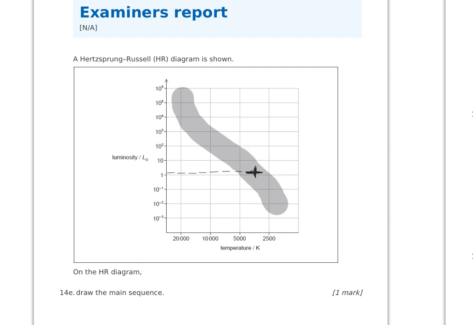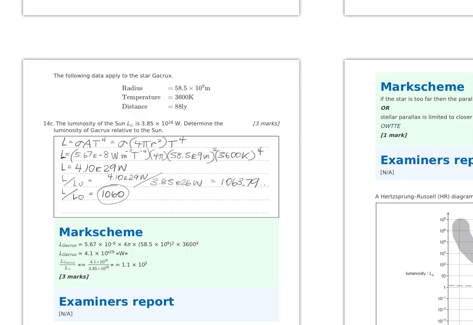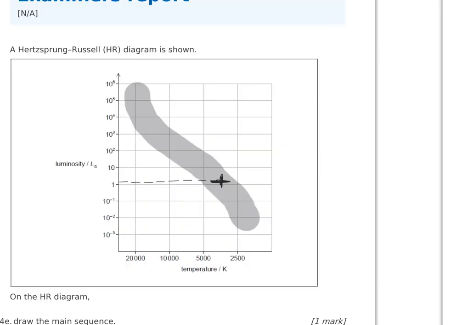Somewhere like there. And then they want Gacrux for 14G. Gacrux is like 1,000 times the luminosity of the sun. So Gacrux is at 1,000 times the luminosity of the sun.